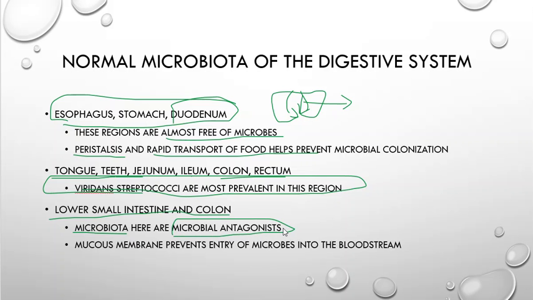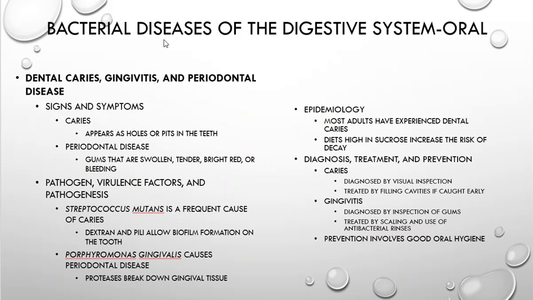They're antagonistic to the really bad guys, the pathogens. And we have the mucous membrane around the inside of the GI tract to prevent the bacteria from having access to our blood. Bacterial diseases of the oral cavity: dental caries, gingivitis, and periodontal disease.